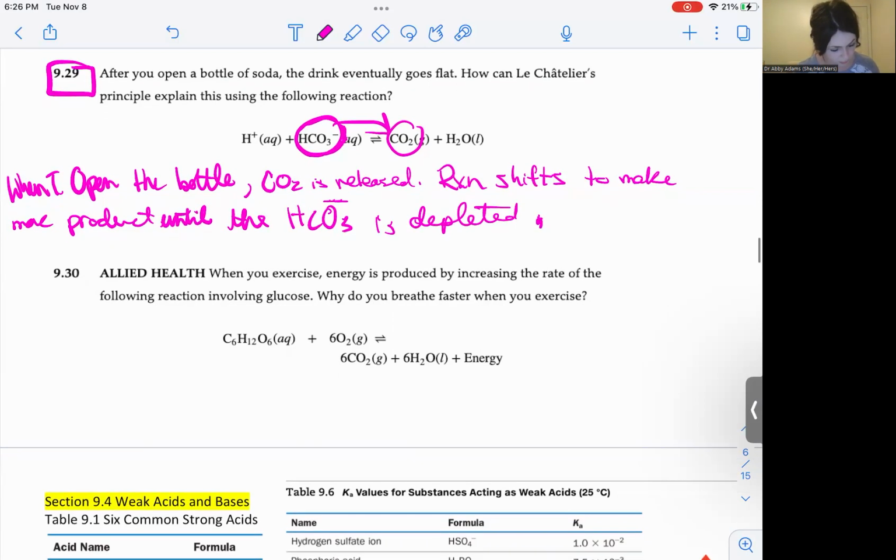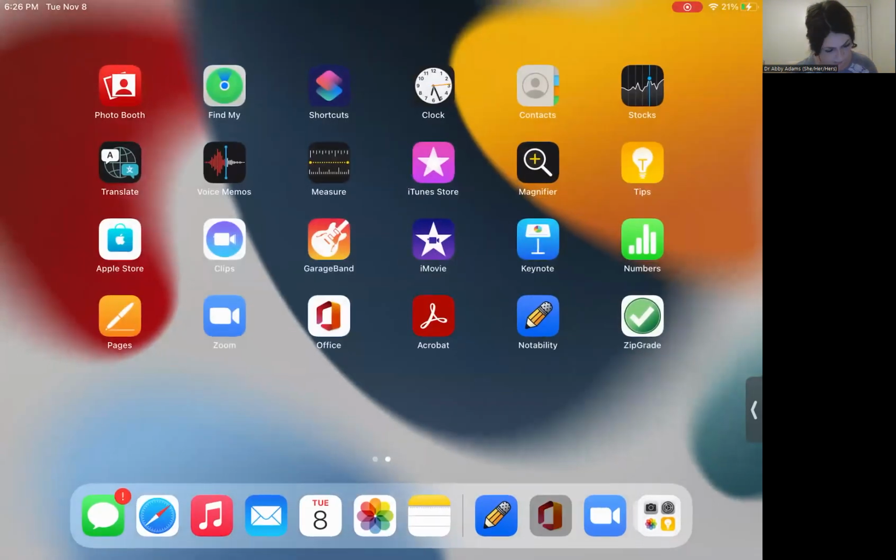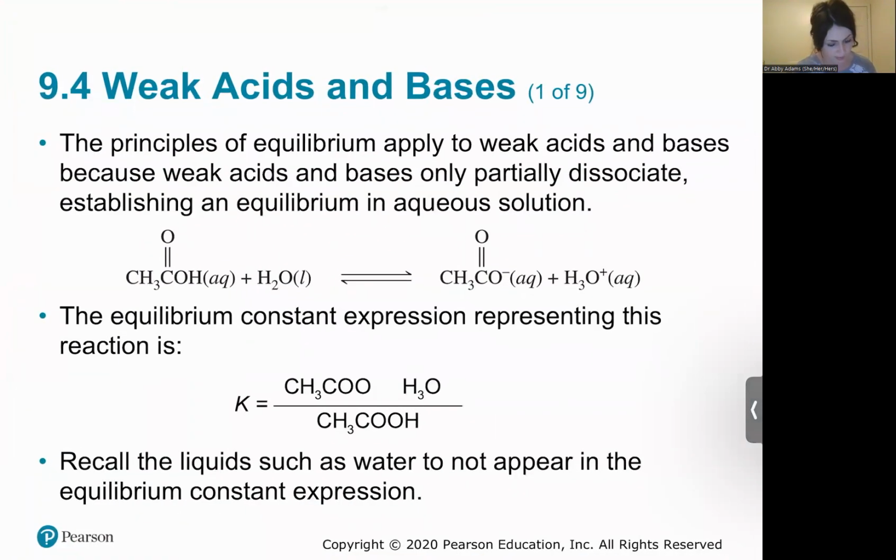So let's work on 9.4 now. Now we're in 9.4. So weak acids and bases. Okay. So the same equilibrium principles apply to weak acids and bases. But they only partially dissociate, remember, so that's different than strong acids and bases.